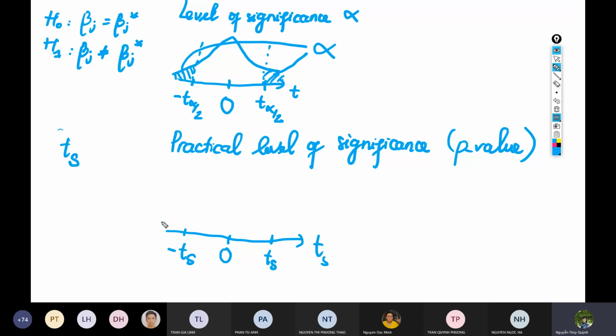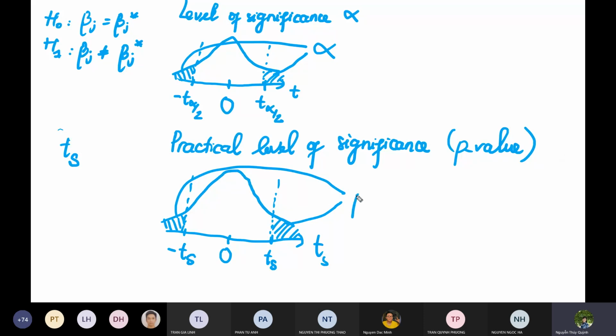This is the distribution of T. The p-value in this case is the area to the right of the positive TS and to the left of the negative TS. The sum of these two areas will be the p-value for a two-sided test.